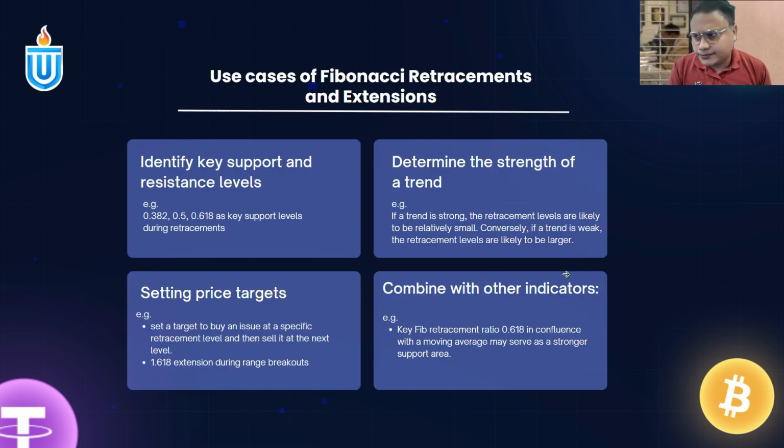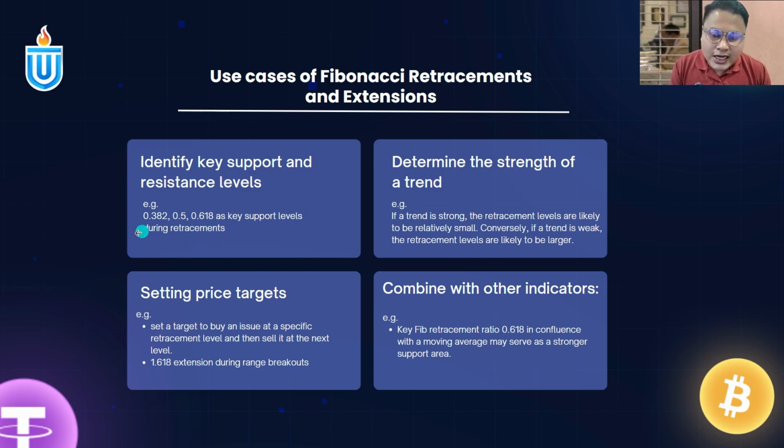So, ganun. We have four main use cases sa Fibonacci retracements and extensions, no? And along that, papakita din ako ng actual demonstration on how it will be used or can be used sa technical analysis na toolbox natin. So, una, yung using Fib retracements as key support and resistance level.